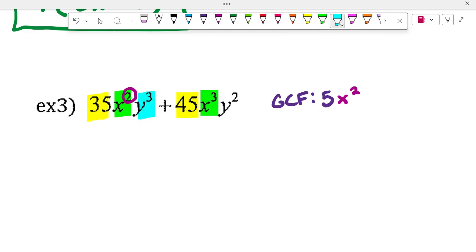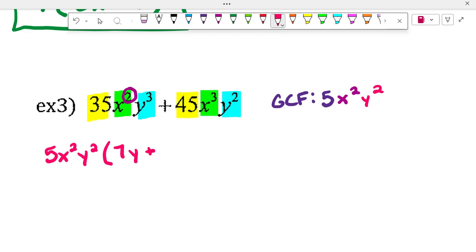What about this last one? The y's. y squared. So my GCF is 5x squared y squared. So when you divide, again, you just divide each at a time. So what's 35 divided by 5? 7. x squared divided by x squared? 1, so we don't have to write anything. y cubed divided by y squared? y.